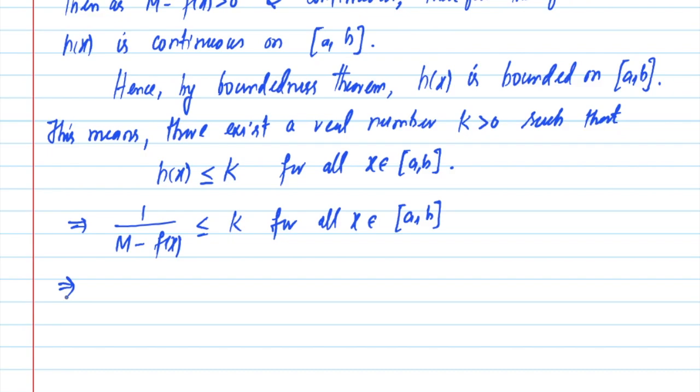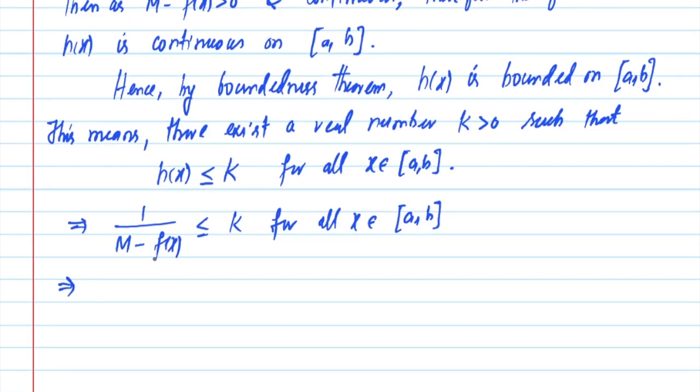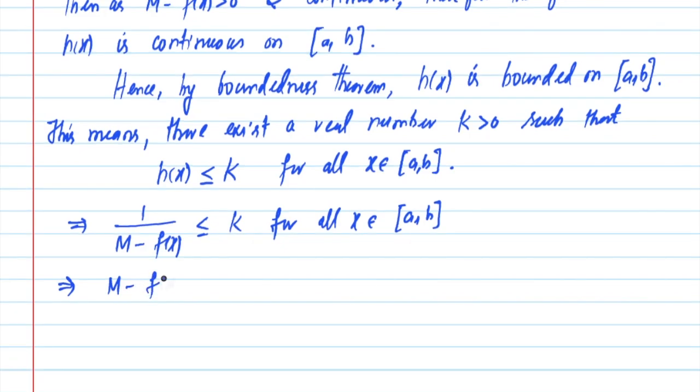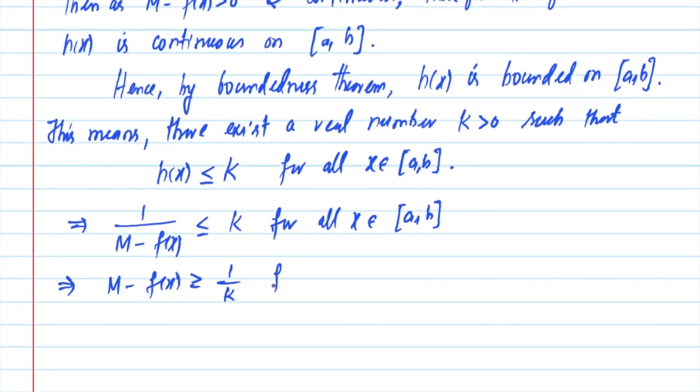Now taking the reciprocal, this implies M minus f(x) is greater than or equal to 1 divided by k for all x belonging to [a, b]. This step is obtained by taking the reciprocal.